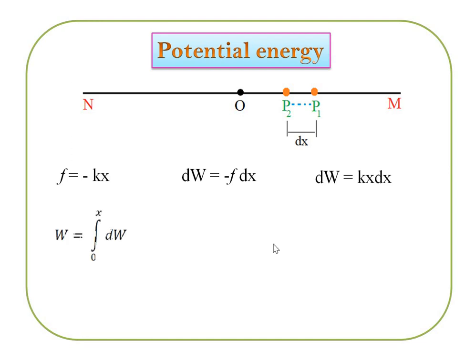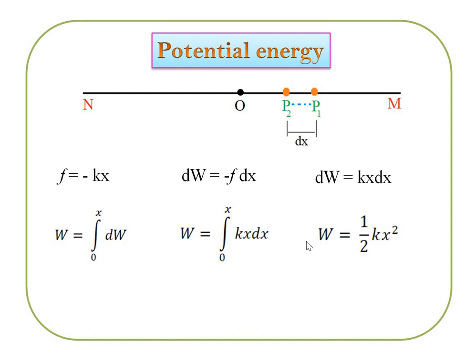The total work done on the particle to displace it from O to P is given by integrating this term: W equals the integration from 0 to x of dW, that is the integration of k x dx. Solving and simplifying, we get W equals half k x square.